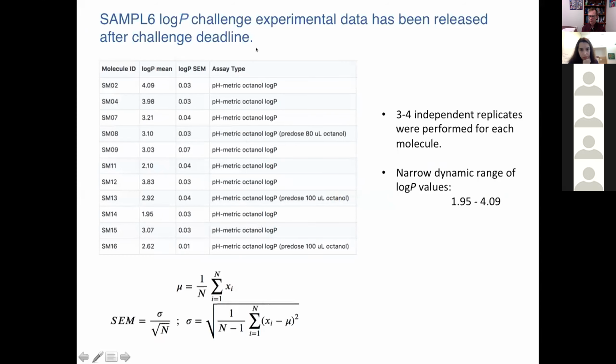So one should try to find some kind of global mean to judge the results, so that one can learn as much as one can, because the mean unsigned error, due to the narrow range, can be somehow misleading. If one paradoxically says that all the logP are around 3, one gets a good mean unsigned error. This is my point. So one should also look carefully at the Pearson coefficient and the Kendall coefficient, possibly delivering a combination of all these metrics to assess the performance of the various methodologies.